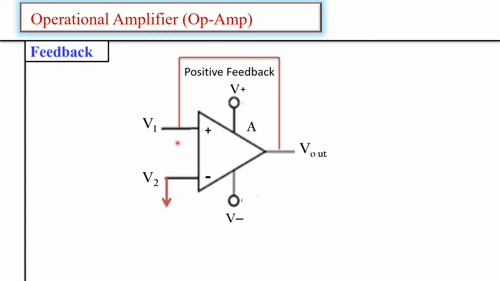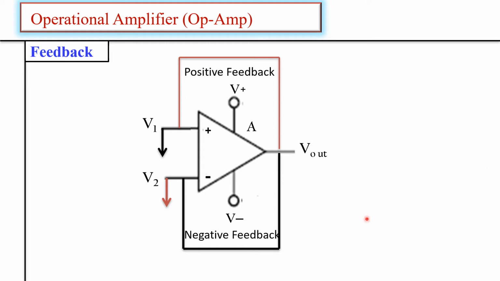And the second is providing the feedback from the output to the inverting input terminal, and grounding the non-inverting terminal. This type of feedback is called negative feedback. It is positive because here a fraction of the output is added to the non-inverting input terminal.